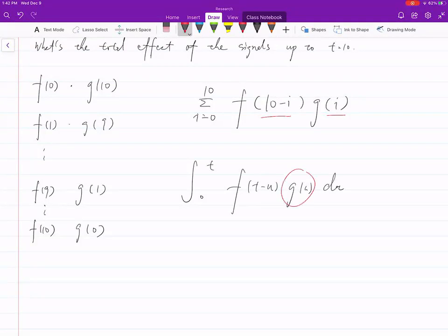So this is the signal. And this is actually the weight of the signal. At a different time, you should weight them differently.